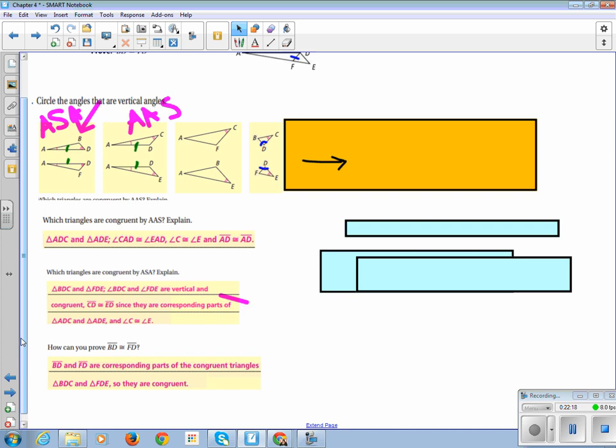And since BD and FD are corresponding parts of congruent triangles, they're right here. Then triangles BDC and FDE are congruent. So corresponding parts of congruent triangles are congruent.